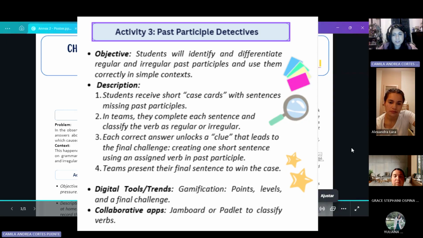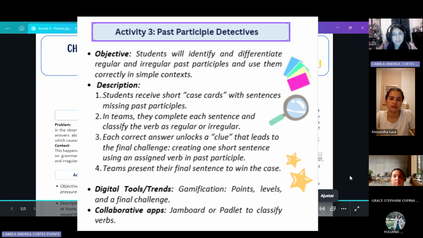Finally, teams present their answers to the class. This activity integrates gamification elements such as points, levels, and a final challenge, which increase engagement. Additionally, collaborative digital tools like Jamboard or Padlet can be used to organize and classify the verbs interactively.